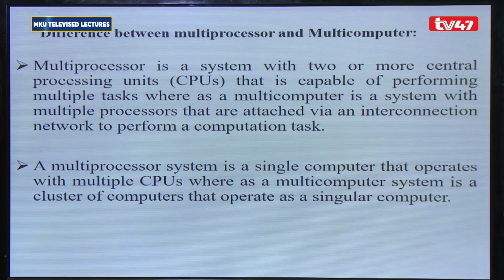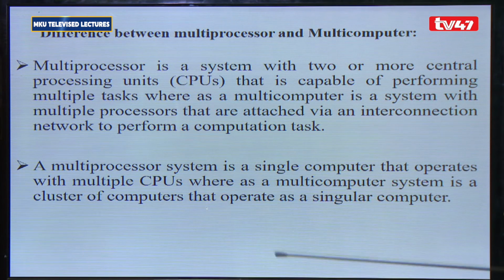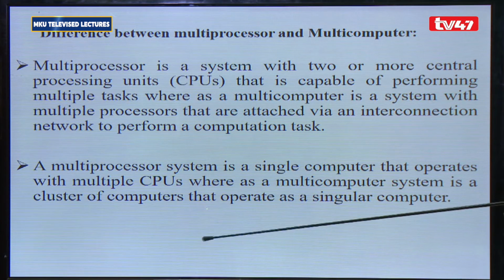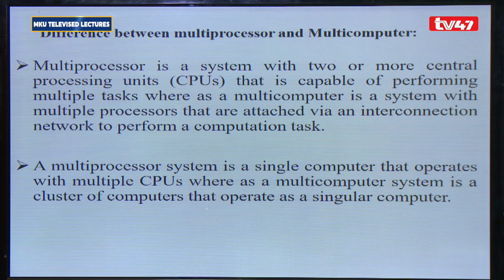Another difference: a multiprocessor system is a single computer that operates with multiple CPUs. Remember, a CPU is a processor, whereas a multicomputer is a cluster of many computers. So there are a number of computers. Those are some of the differences.